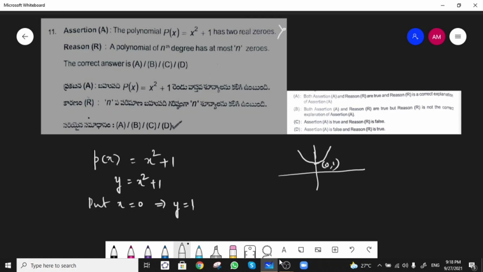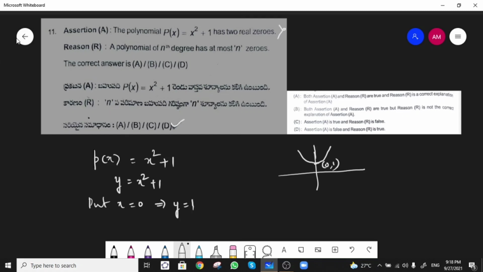True, it has at most n real zeros, isn't it? Since the degree is n, it can touch the x-axis at most n points. So this is a true statement. So what is the option? Option D. Assertion is false and reason is true.